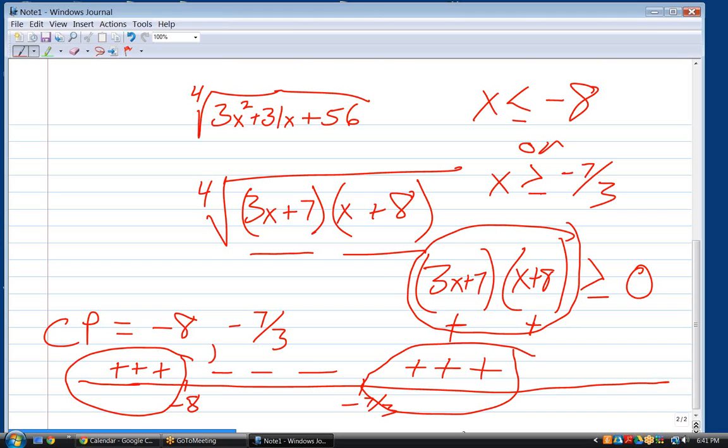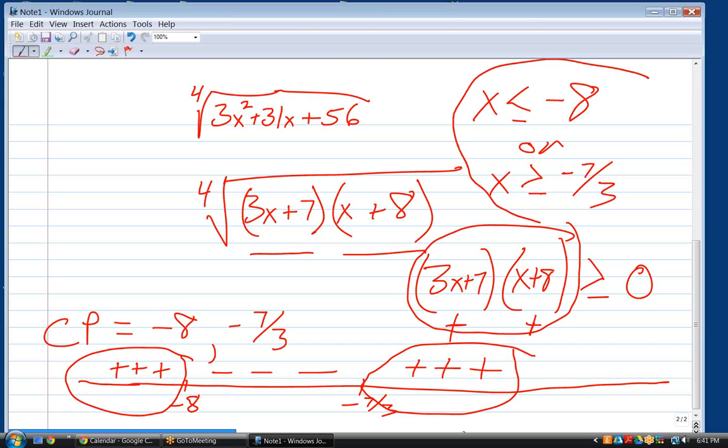What is inside the radical is only doable if it's positive or equal to 0, so x is less than or equal to negative 8, or x is greater than or equal to minus 7/3.